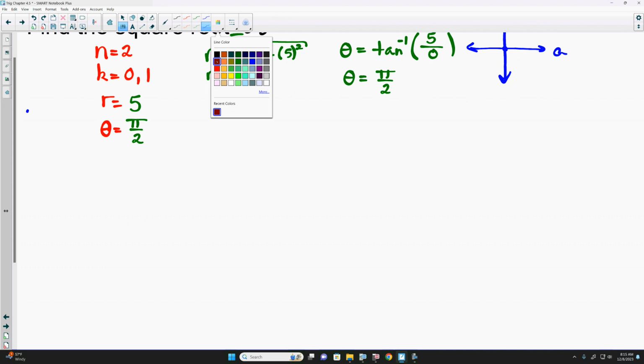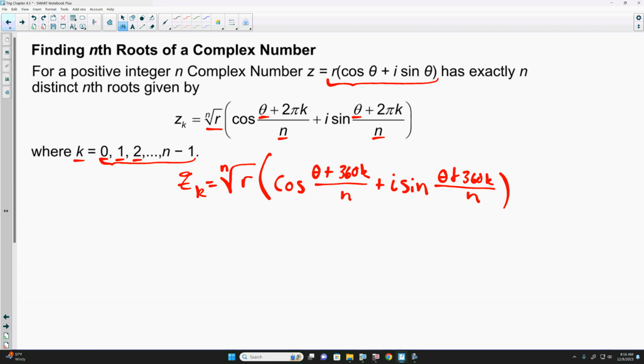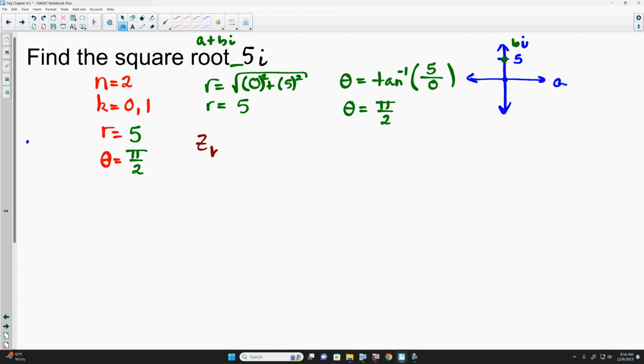I'm going to get this color here. As our general form says, z sub k, our roots, is equal to the nth root of r times cosine of theta plus 2 pi k over n, plus i sine of theta plus 2 pi k over n.